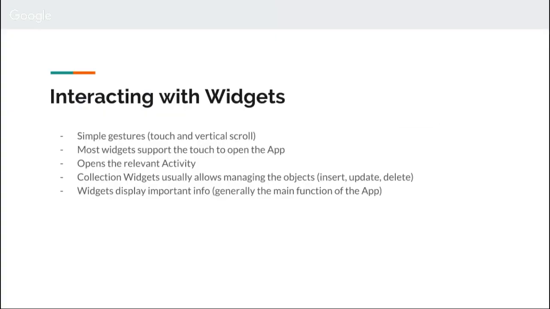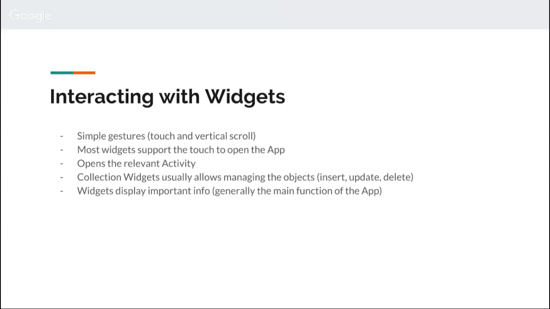So how do you interact with a widget? You can only use gestures, very simple ones, touch and vertical scroll, right? That's because if they're in the home screen, the horizontal scroll is reserved to the phone so they can change pages like in the home screen.